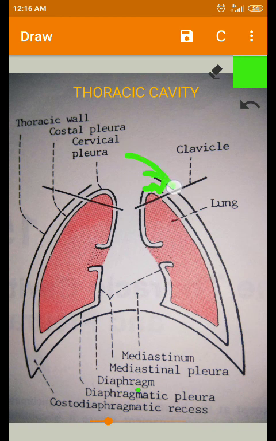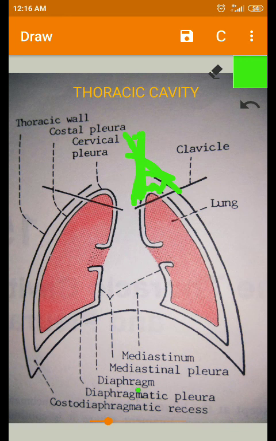Laterally it is related to the scalenus medius, and medially to the large vessels of the neck, that is the internal carotid arteries and jugular vein, all of which come at this side.